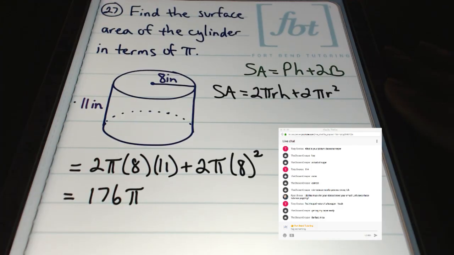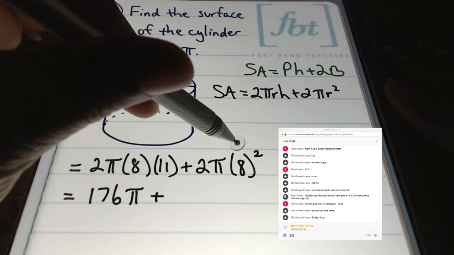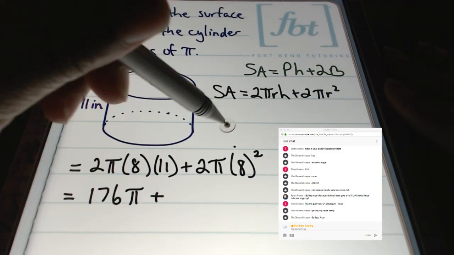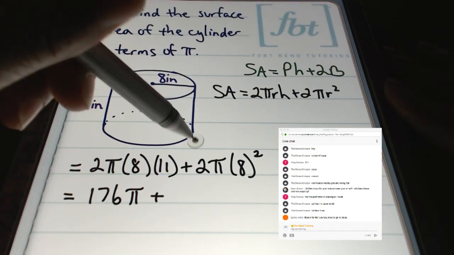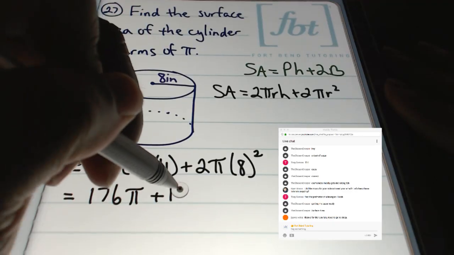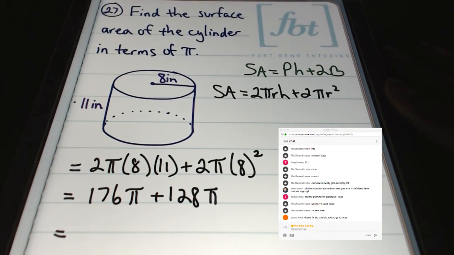So we have 176 pi, and then multiplying 2 times 64 is going to be 128, because we know that 8 squared is 64, times the 2 gives us 128 pi. All right, there we go, on our way. And now finally, we'll need to add these together.